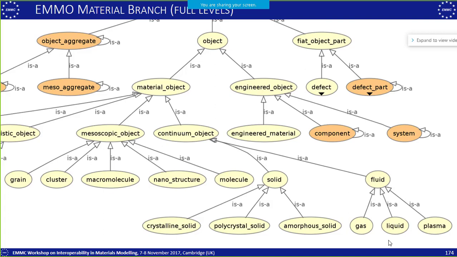Any other questions while we're... Actually, I should repeat it. So, John just made the point that a fluid could be an engineered object, too. And a gas, I guess. Can you go back to the definition of object?